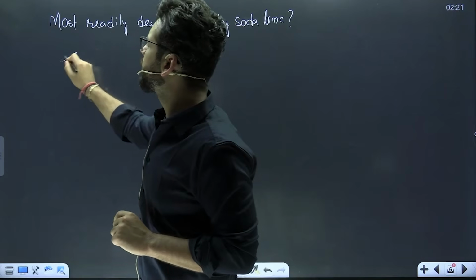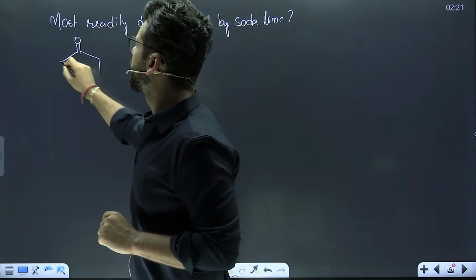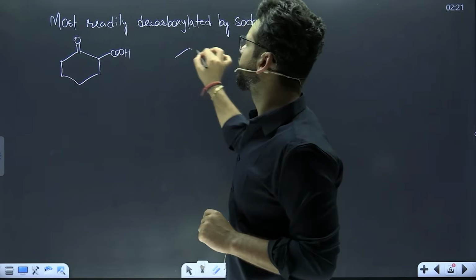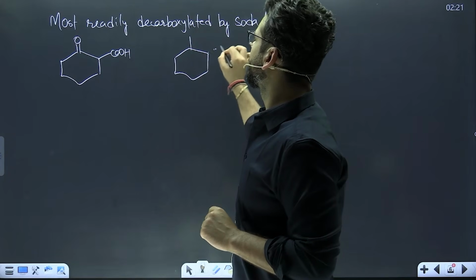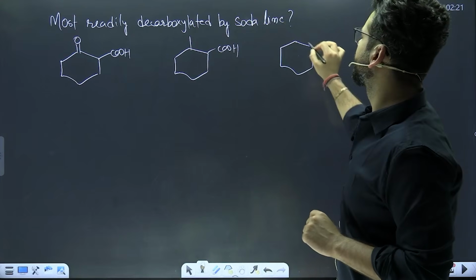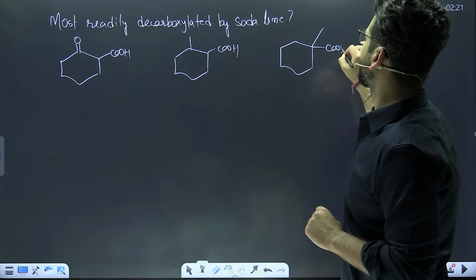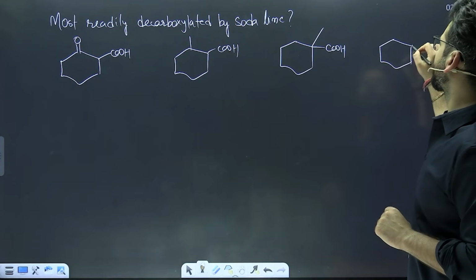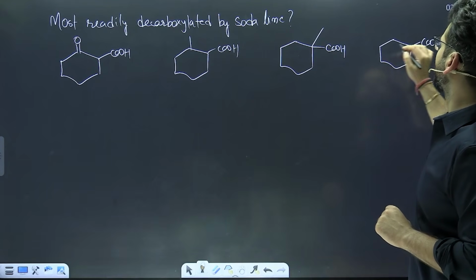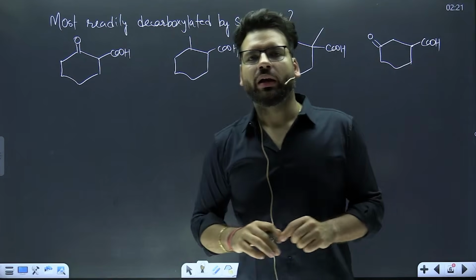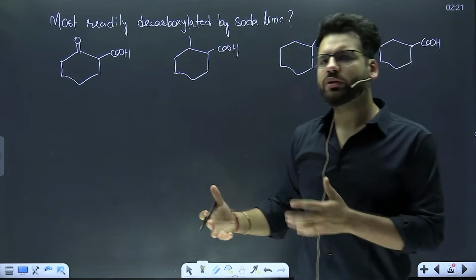This is one. This is another. This is another. And this is the last one. Which is most readily decarboxylated by soda lime?